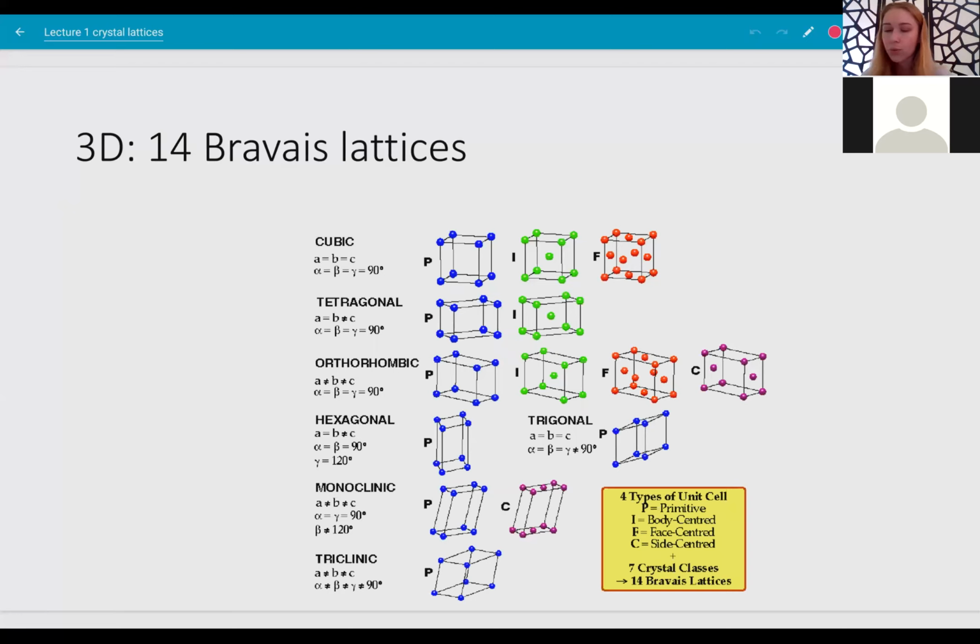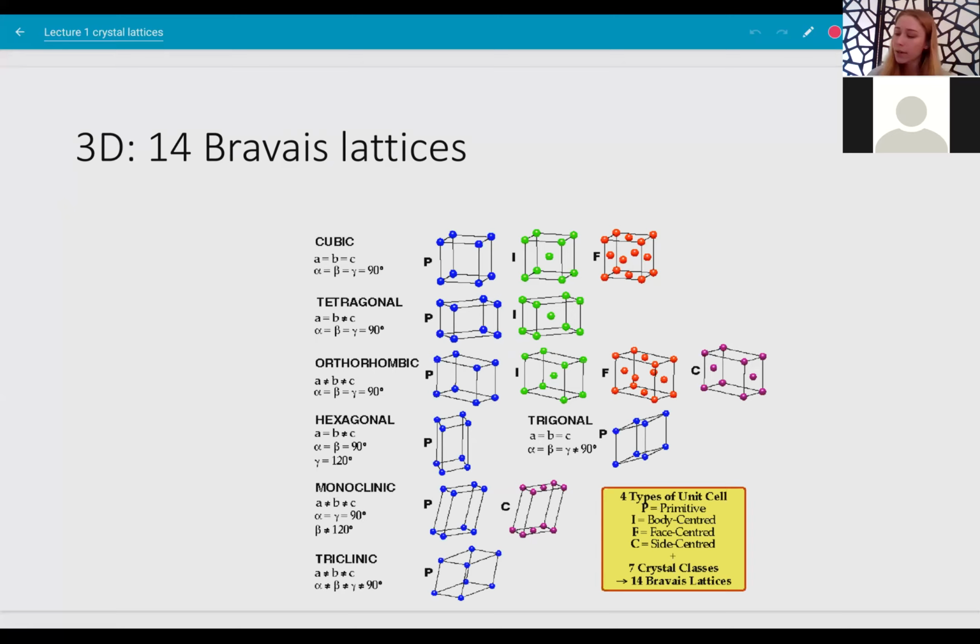The next one is orthorhombic. Again, we're moving from higher symmetry to lower symmetry. There is a hexagonal lattice, a trigonal system, which is related, monoclinic, and triclinic. And on this graph, like I said, as you move down, they get less and less symmetric.